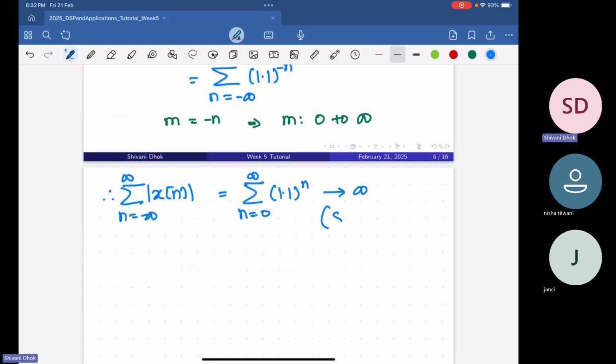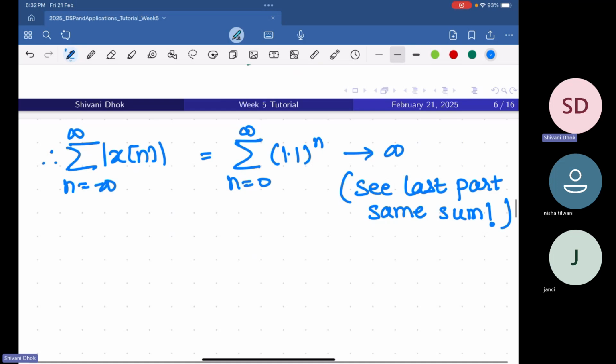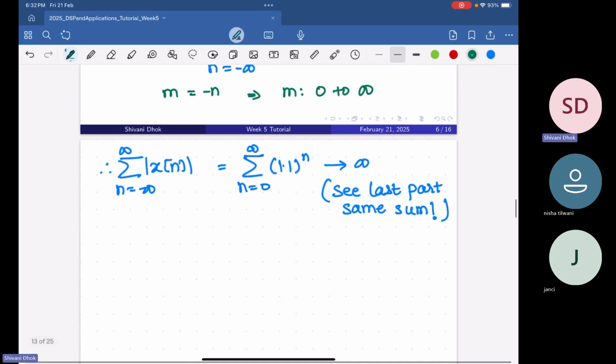We have seen this in the last part. Which means that this particular x of n is also not absolutely summable.